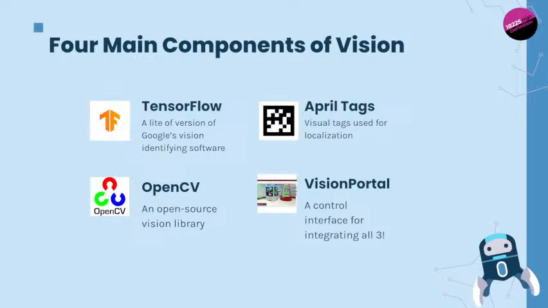Then there are April tags, which are placed on the playing field, or they could also be on the game elements themselves, and they're used as visual tags for localization. And OpenCV, we're using EasyOpenCV, is an open source vision library, so we also use that. And Vision Portal is a control interface used in FTC to use all three of these at the same time.